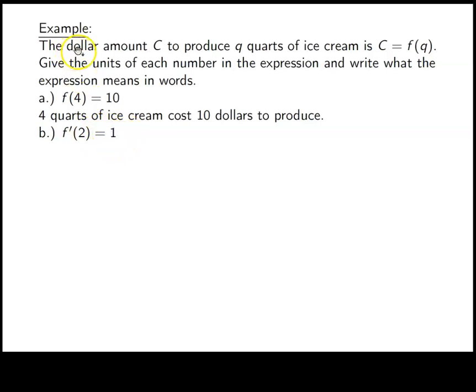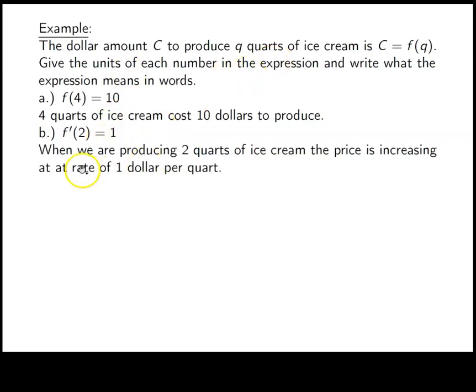It means that at this instant, at 2 quarts of ice cream, my price is increasing by $1 to produce 2 quarts, right? So when we're producing 2 quarts of ice cream, the price is increasing at a rate of $1 per quart.